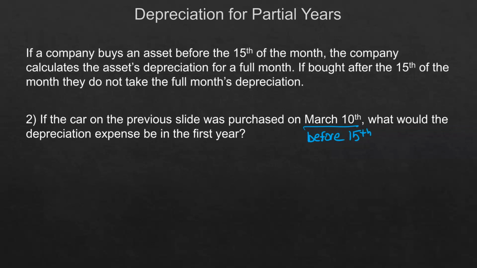So from March through December would be 10 months. So we're going to depreciate for 10 months out of 12. And our depreciation is going to be less because of that, right?